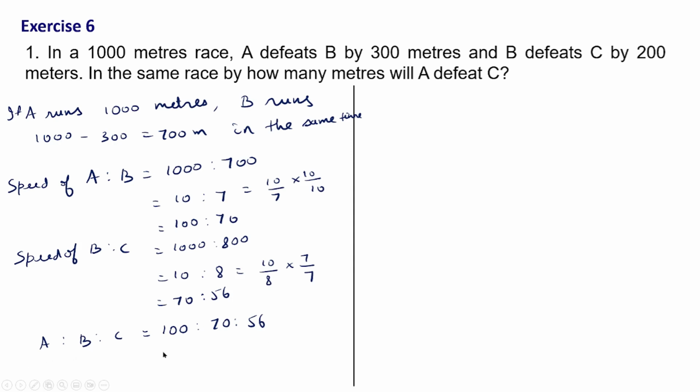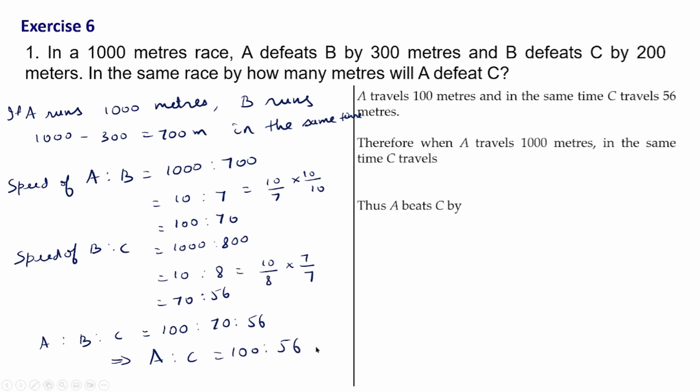So now we have the ratio for A is to C. From this, A is to C is 100 is to 56. So here A travels 100 meters and in the same time C travels 56 meters. Therefore, when A travels 1000 meters, in the same time C will travel 560 meters.